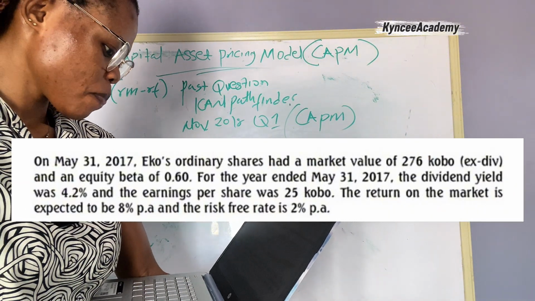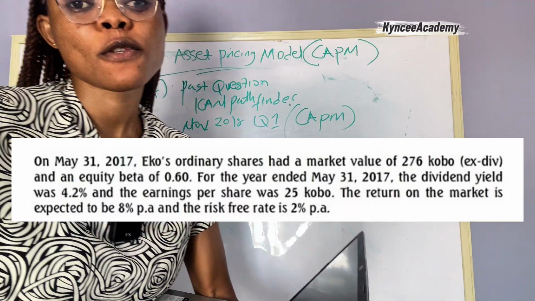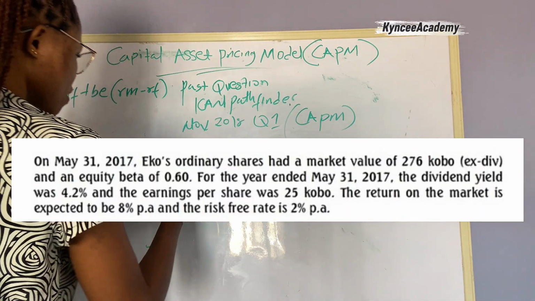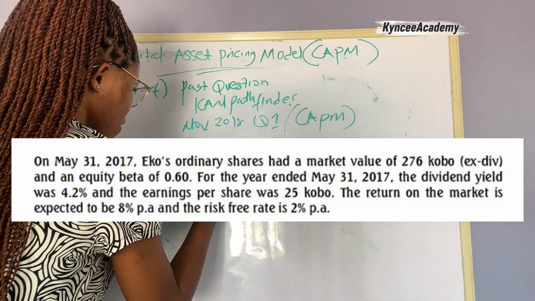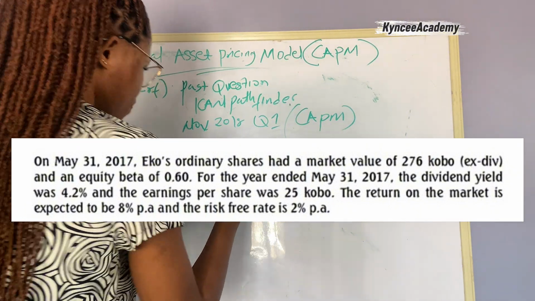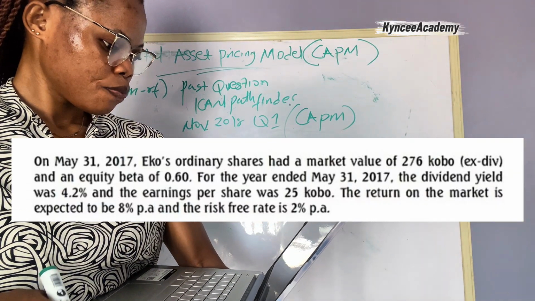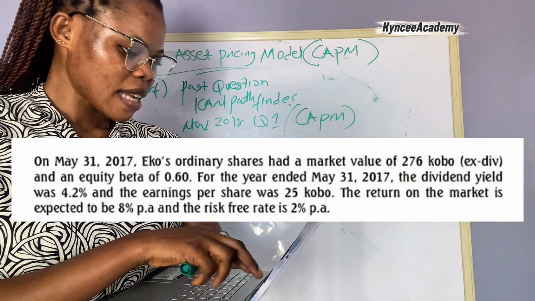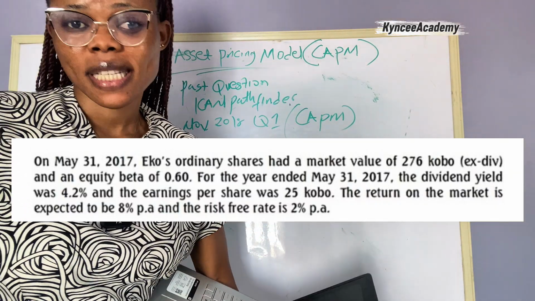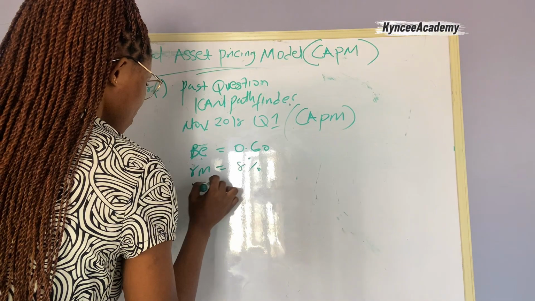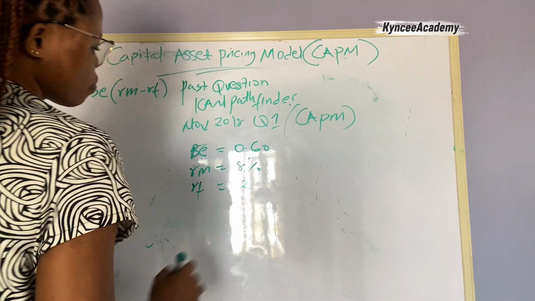So the return on the market is expected to be 8% per annum. So RM is equal to 8%. And the risk-free rate is 2%. RF is equal to 2%.